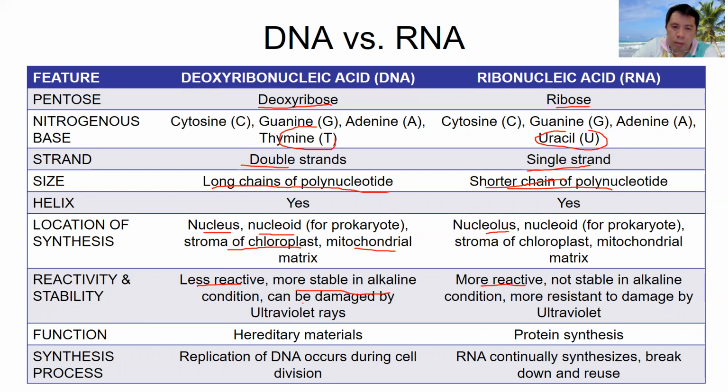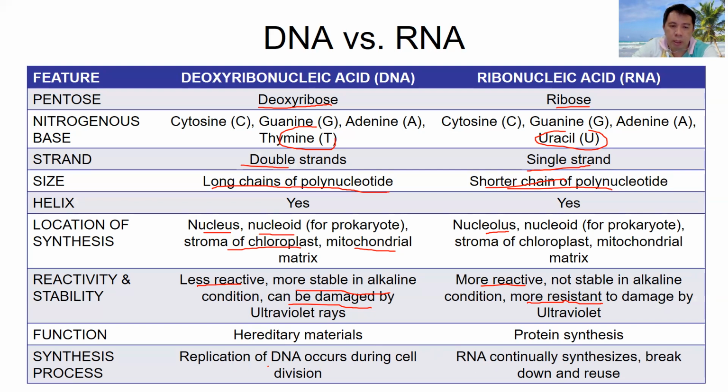But DNA can be damaged easily by UV rays, while RNA is more resistant to damage by UV rays. And in function, DNA contains the hereditary material, and RNA is used for protein synthesis.